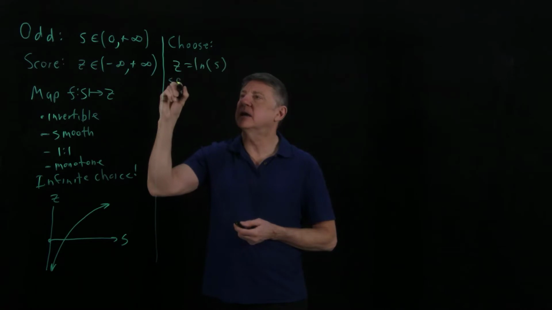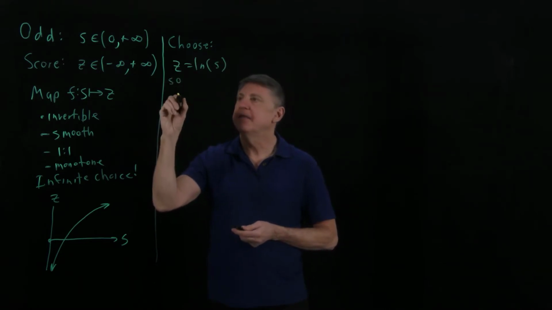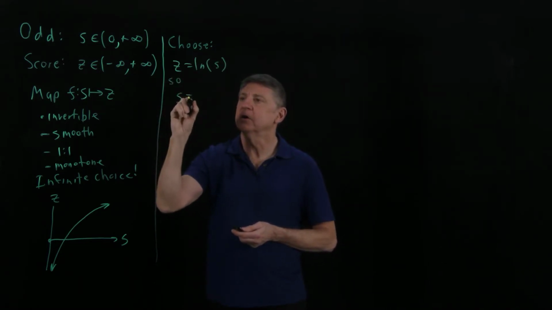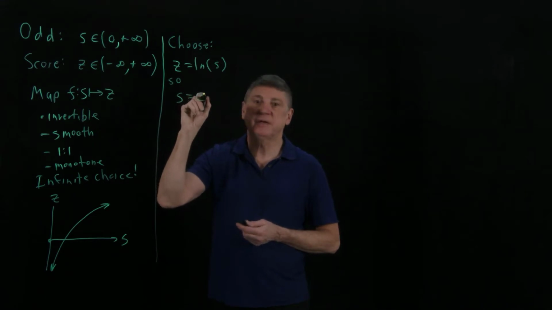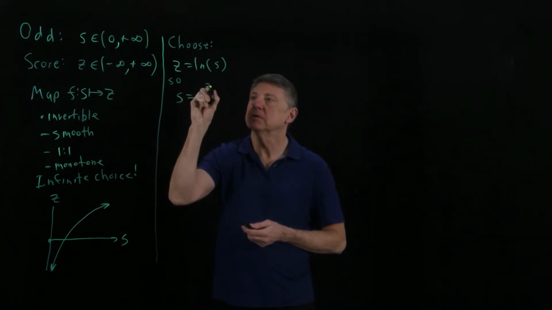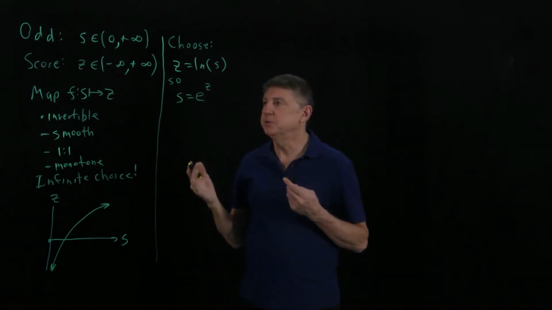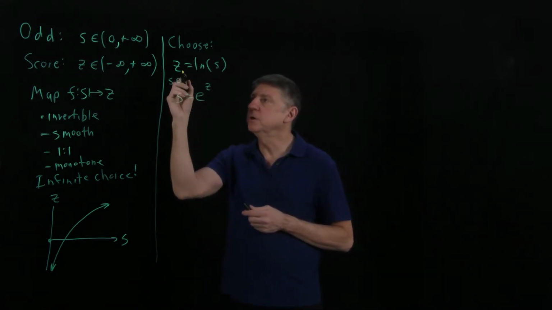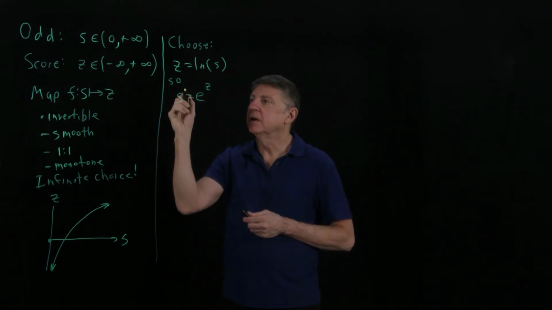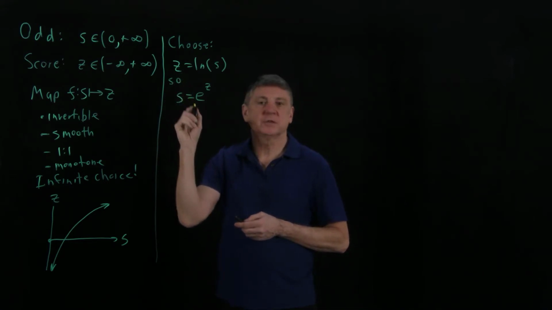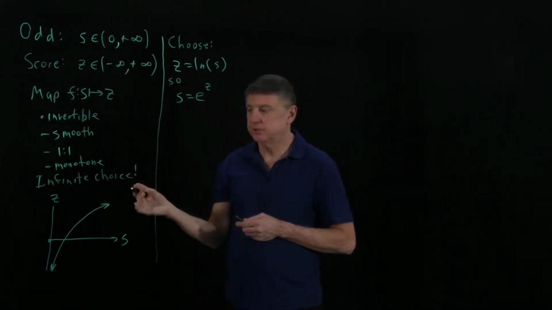And that allows us to infer that the odds are the exponential of the score. And so we're able to start to relate odds and scores as this exponential.